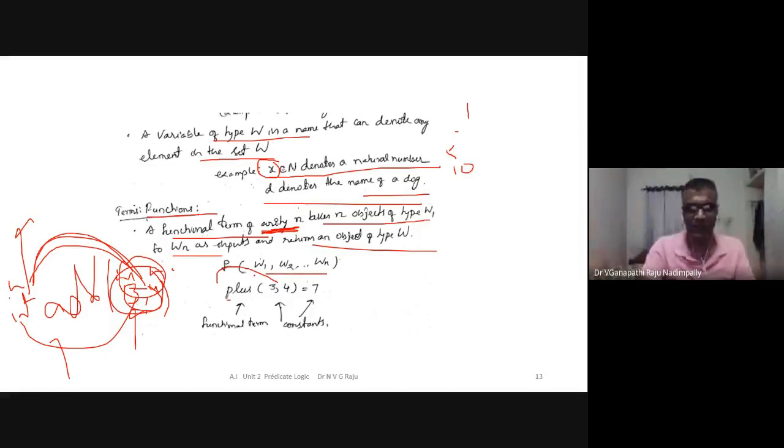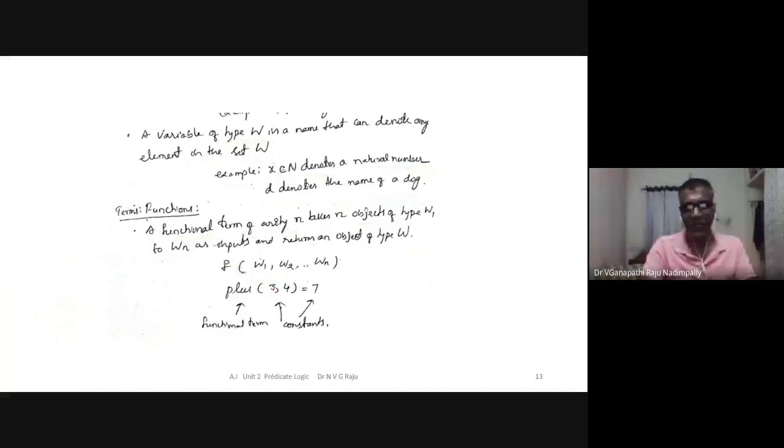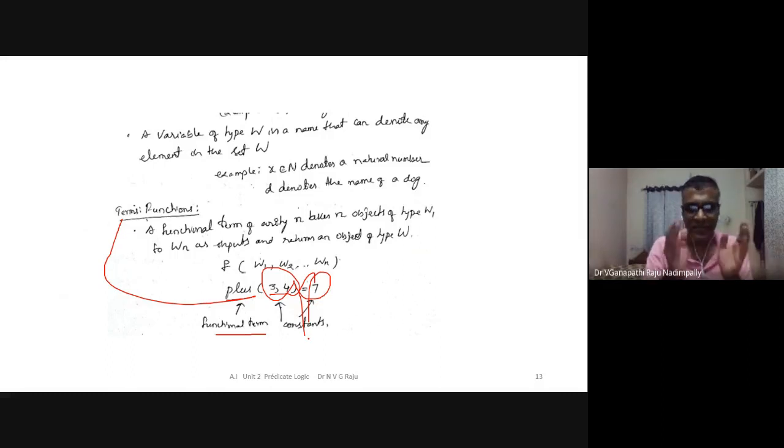Here my function name is plus, this is nothing but my term, and these are my inputs, and the return value is 7. Plus is my term, and 3, 4 are constants, 7 is a constant. Now, a term can be a constant, a term can be a variable, a term can be a function. Will you agree till now?